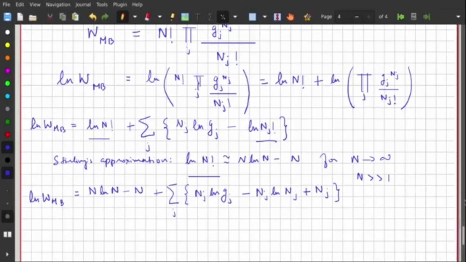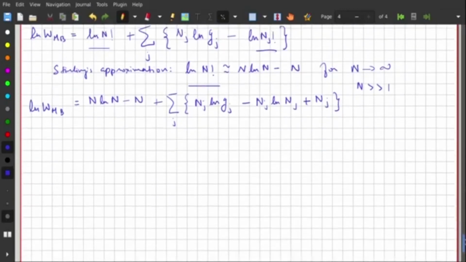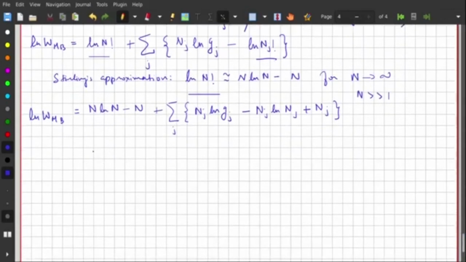Okay, so if you see that, let's recall the constraints. The constraint is sum over j of nj is n, and sum over j of epsilon j nj is E.